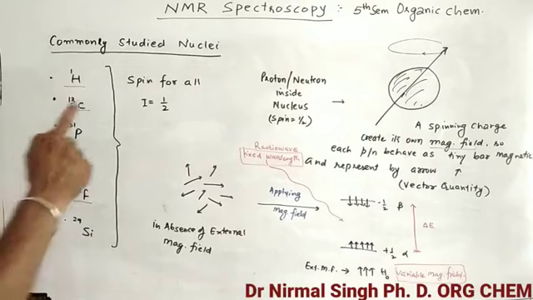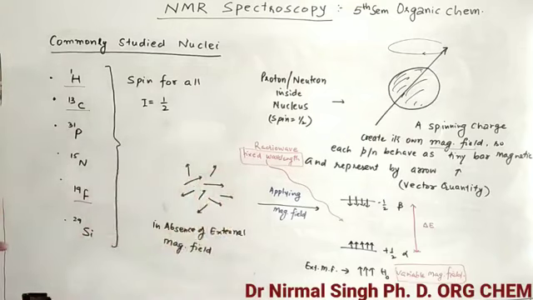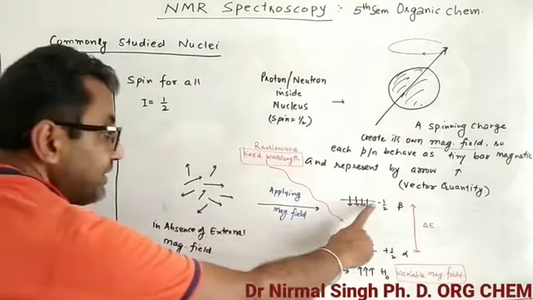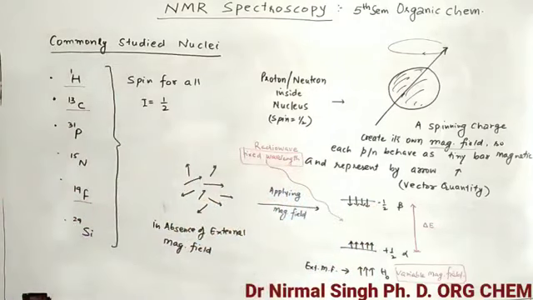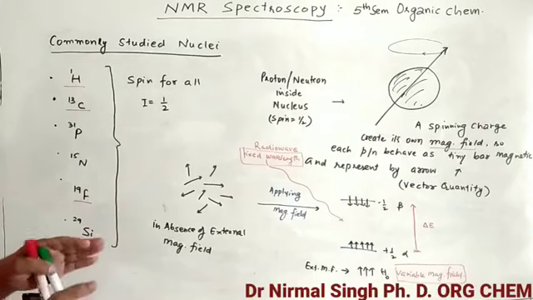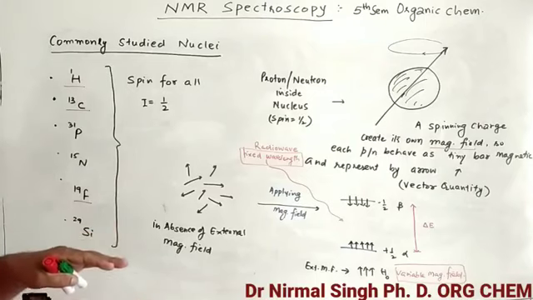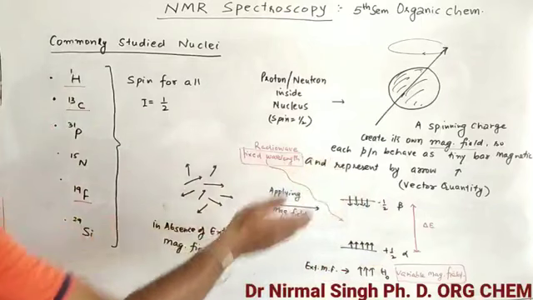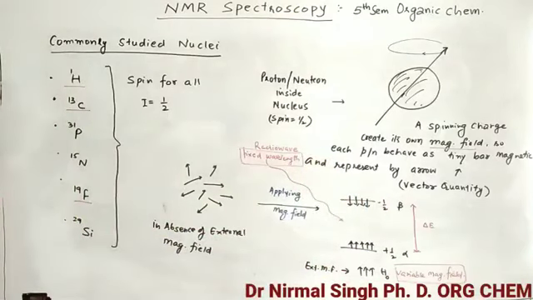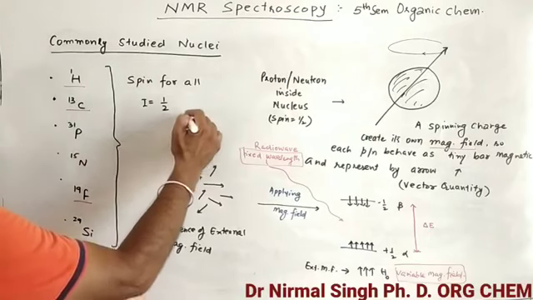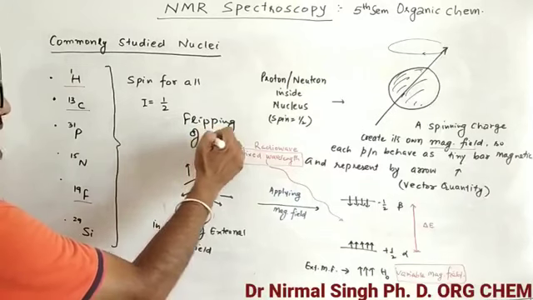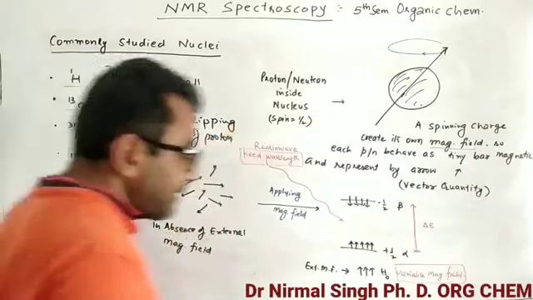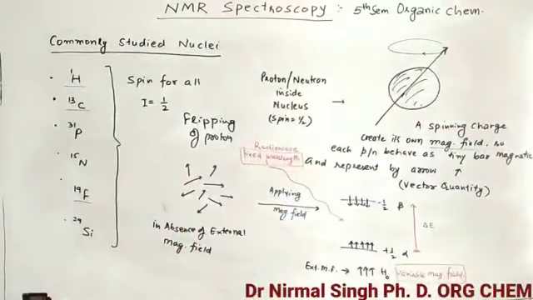When the wavelength of this light becomes resonant, meaning the gap between these two levels corresponds to the wavelength of the incident light, then one electron or bar magnet jumps from alpha to beta. That is known as flipping of the proton. Unless flipping takes place, the NMR spectrum will not form.